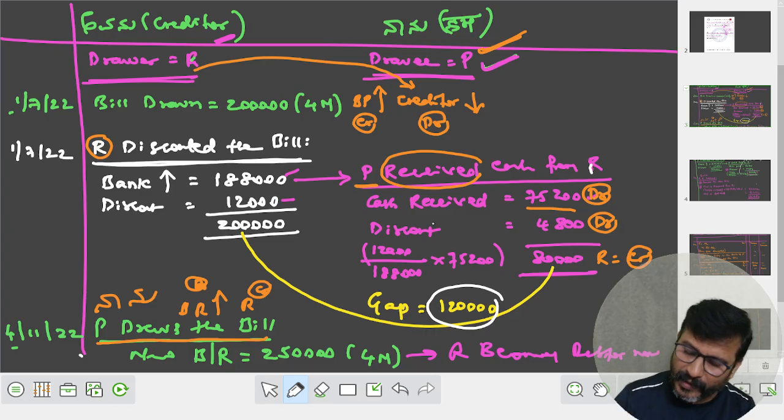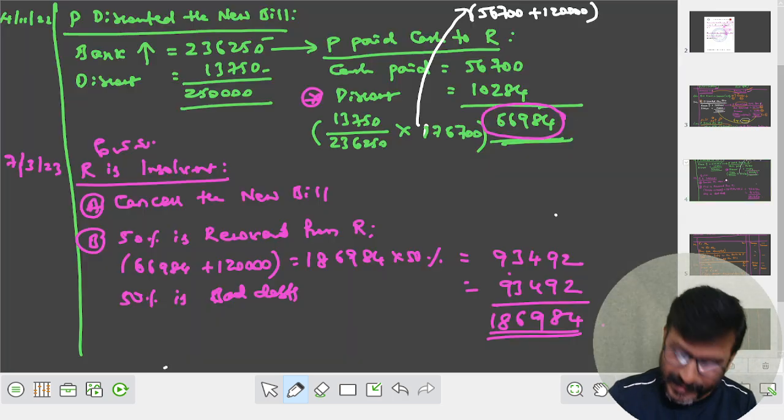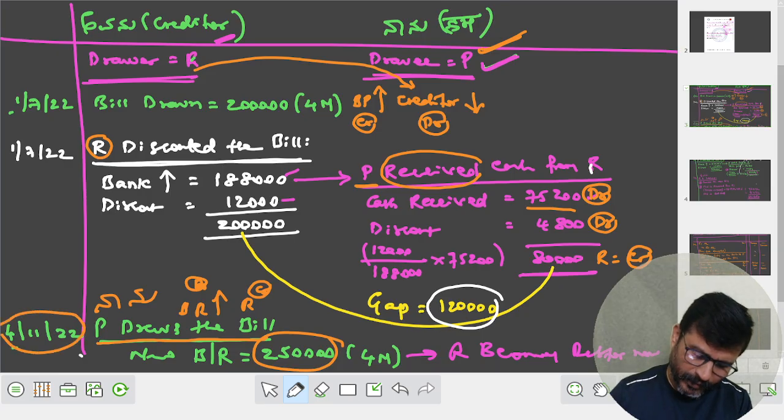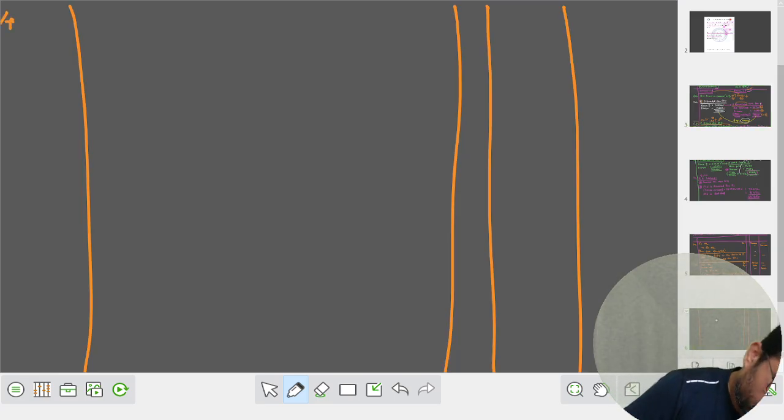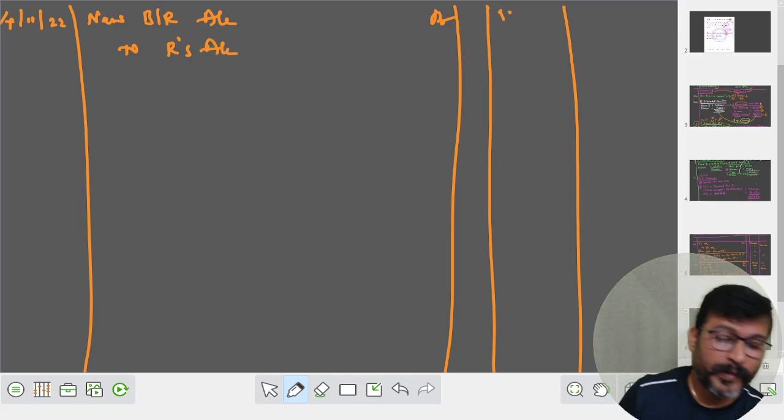This is the new bill for an amount of rupees 2.5 lakh. When did this happen? This happened on 4th November 22. New bills receivable account debit to R's account. How much is it?